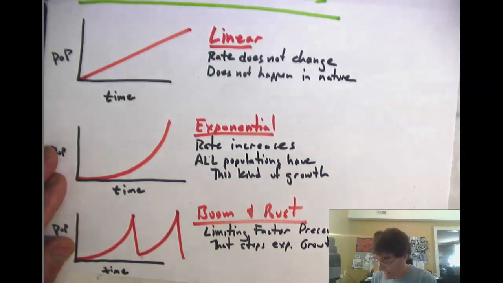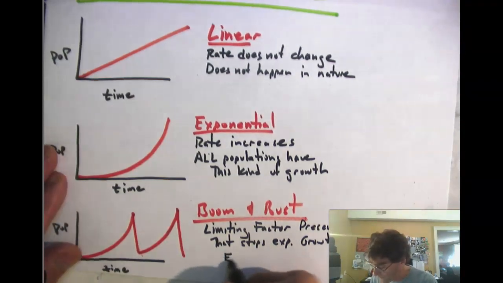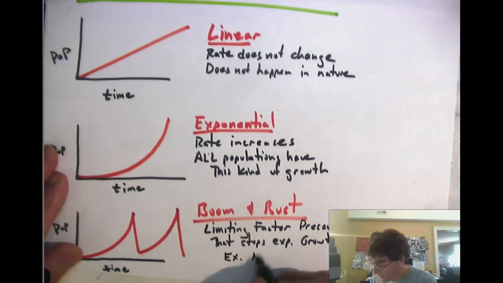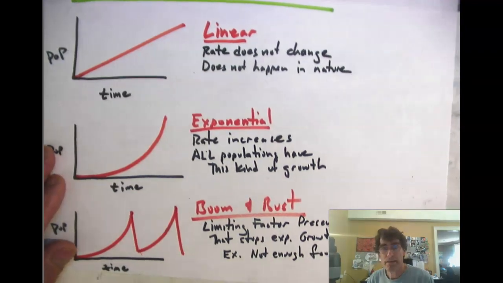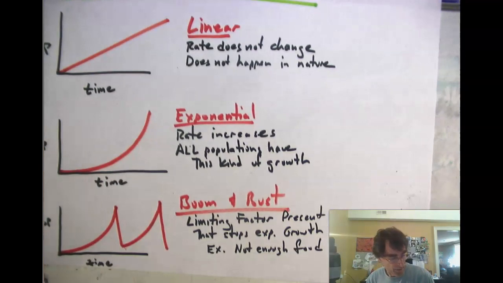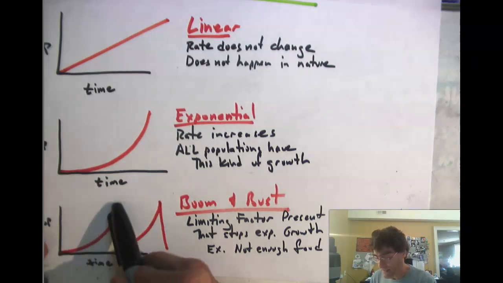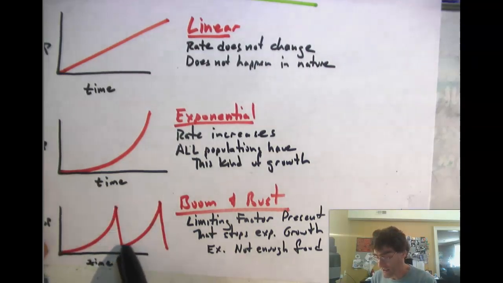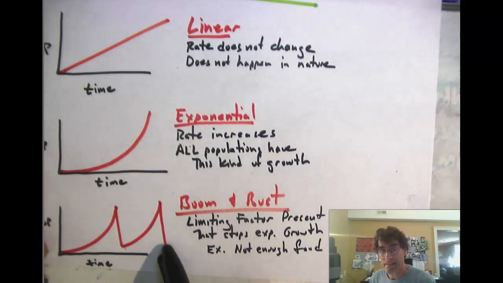So in this case, probably it was, for example, not enough food, right? We're calling that a boom and bust cycle, and that's what happened to those moose on Isle Royale. They just kept on doing the same thing.